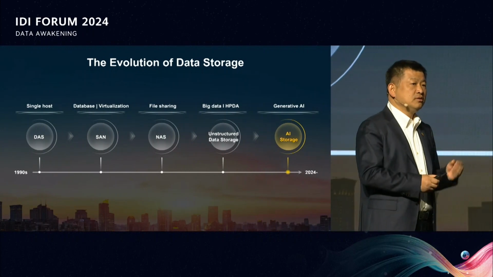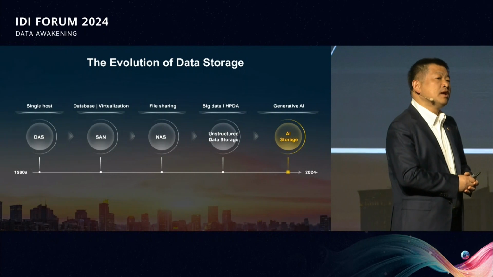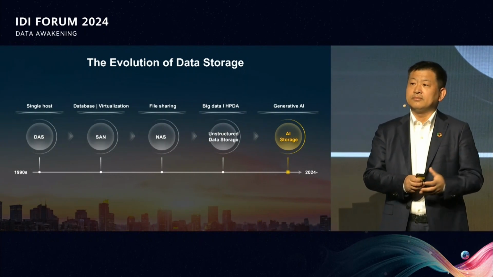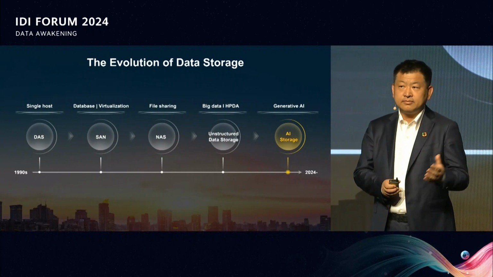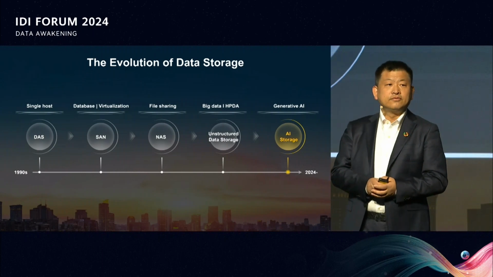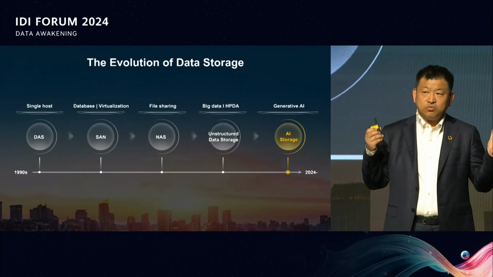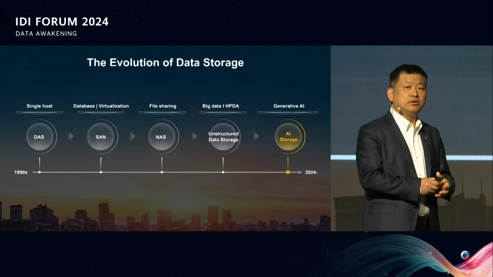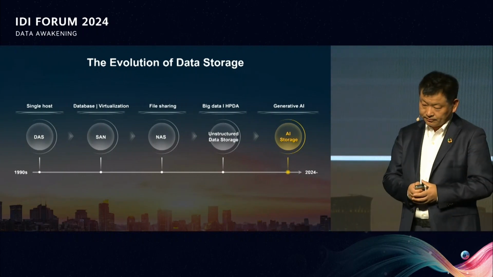Energy consumption becomes much more important. And also, the efficiency of the GPU and problem recovery, all of these issues really bring differences from previous applications. And then we think it's the right time to define the new generation of data storage.